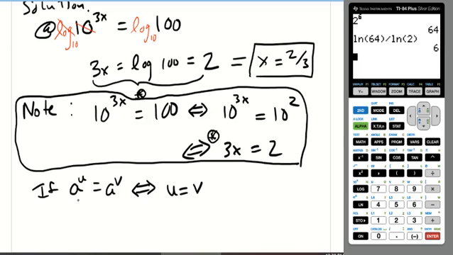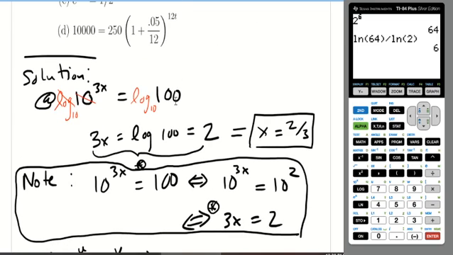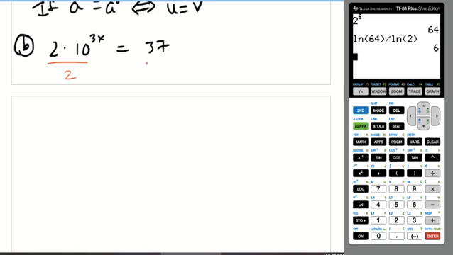Okay. Now part B definitely had non-like powers, right? 37 is not equal to 10 to some whole number power. So we have to do it the other way. First and foremost, no matter what, we would have to divide both sides by 2 to isolate the exponential part.